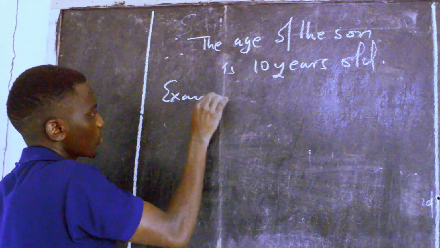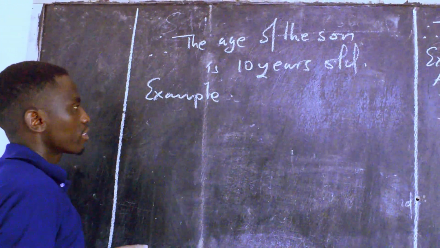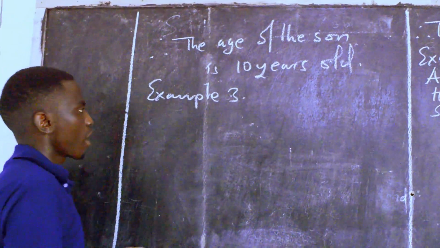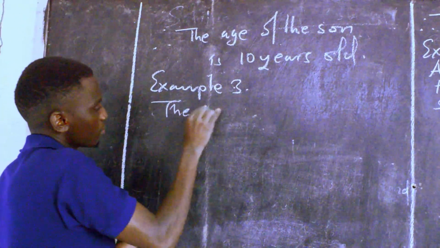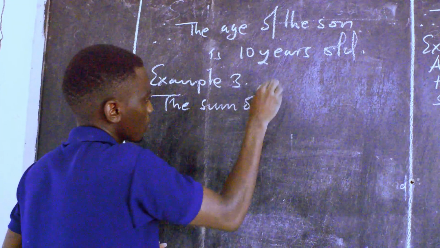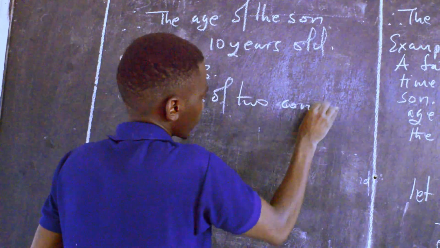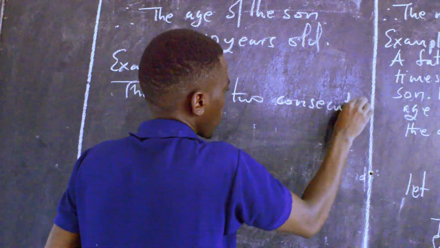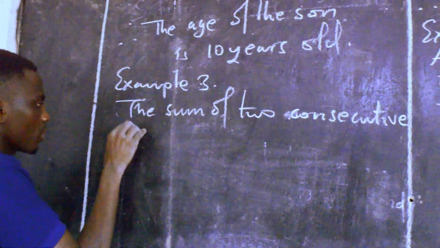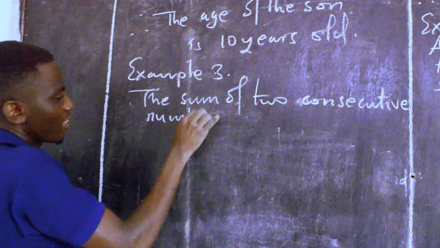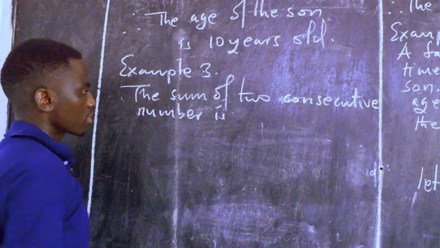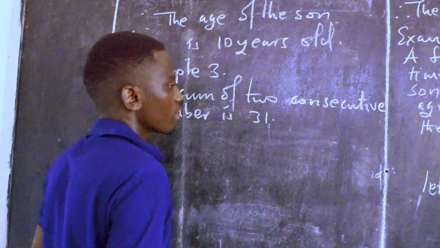Example 3. The sum of two consecutive numbers is 31.